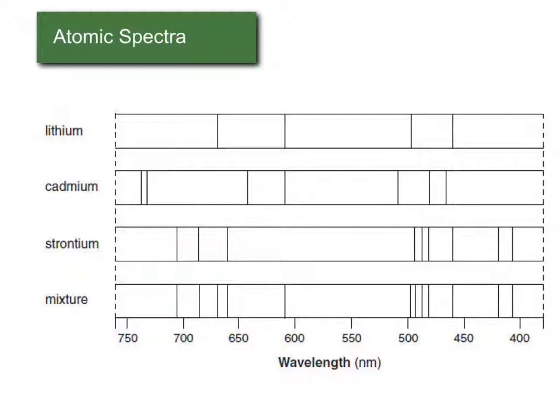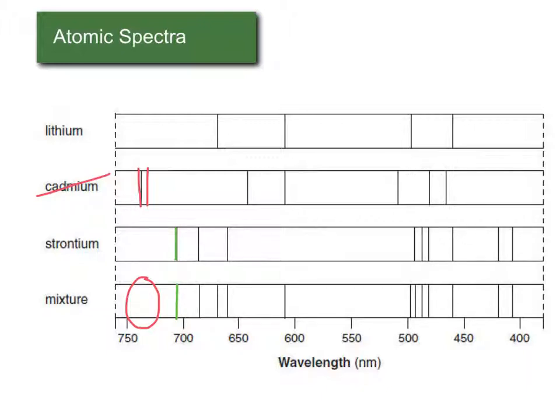So for example, here we see a line here in the mixture, and that would correspond to this line here in strontium. Right? We don't see, for example, any lines in this region down here, so we know that cadmium can't be in that mixture. Okay?